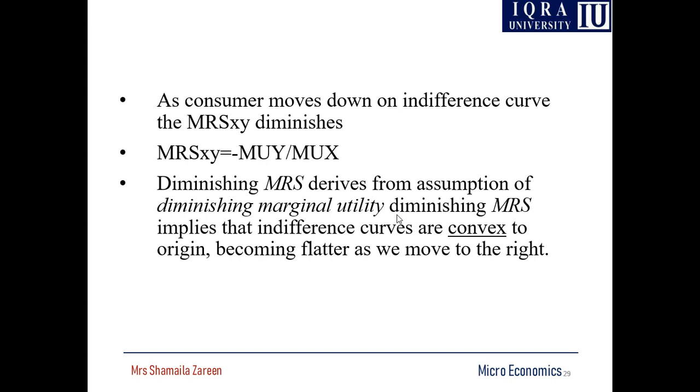Furthermore, we will explain the concept of consumer equilibrium, how they will get the consumer equilibrium. Whenever the slope of the budget line is equal to the slope of the indifference curve, there will be the consumer equilibrium. Our next topic will be on properties of the indifference curve and on the consumer equilibrium.